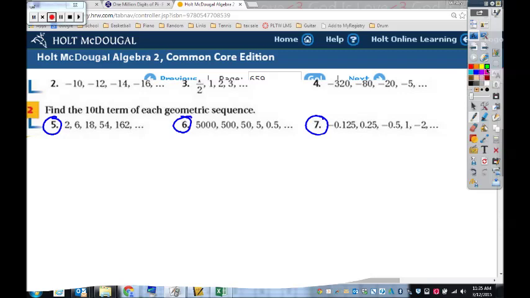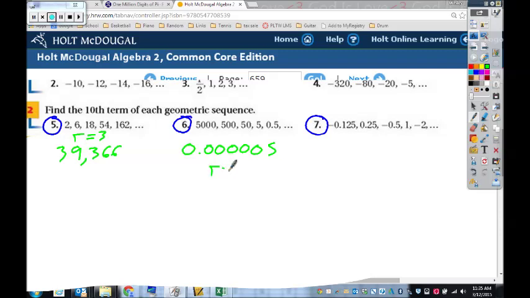All right, so hopefully you've gotten these solved by now. For number 5, the answer is 39,366, and of course the r was 3. For number 6, you should have gotten 0.000000 1, make sure I get this right, point, and there's 5 zeros and then the 1.